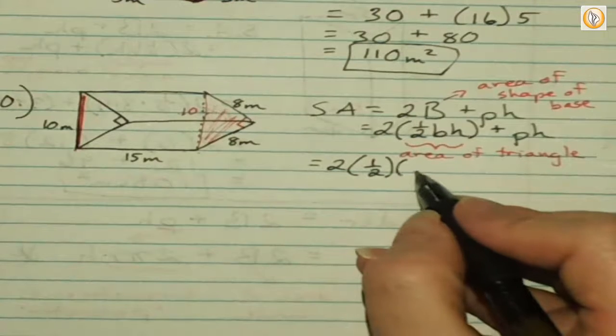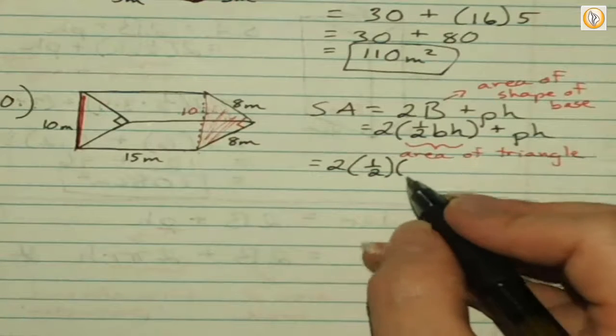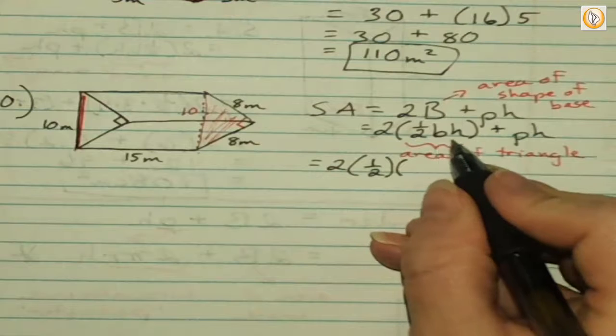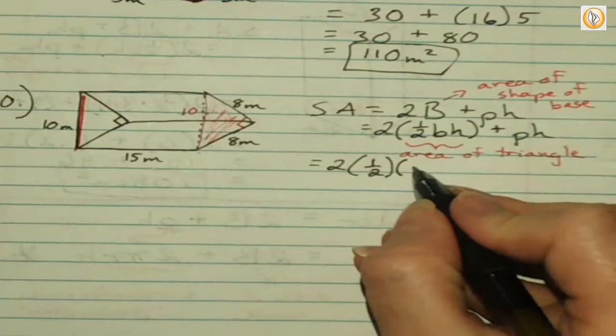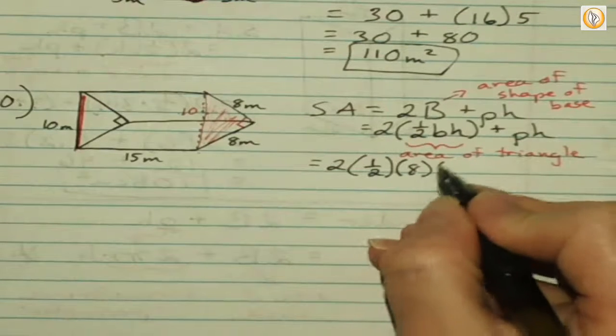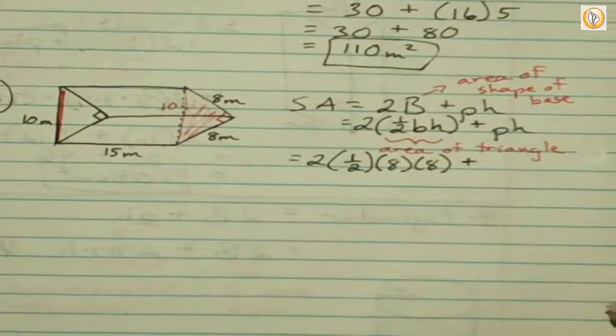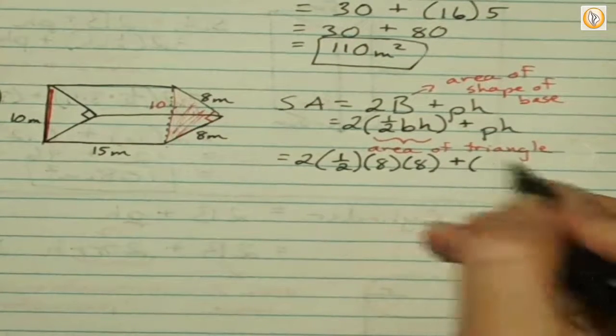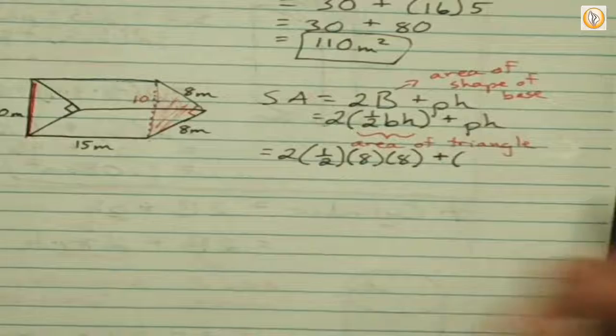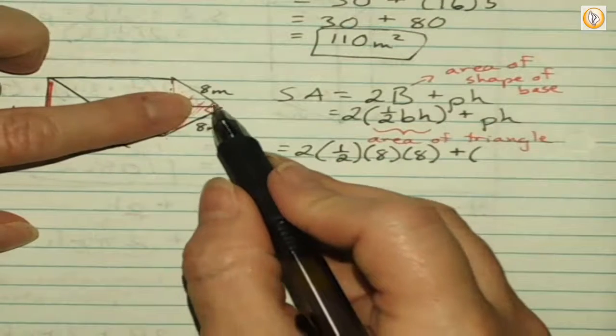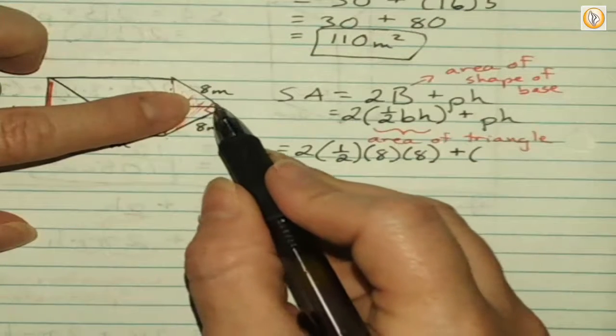What is the base of the triangle, Michaela? What is my B and my H? 8 and 8. There you go, 8 and 8, plus... Cecilia: Perimeter. How's it 8 and 8? Look right here. See, this is my right angle.